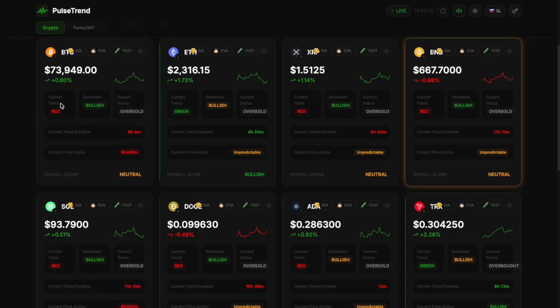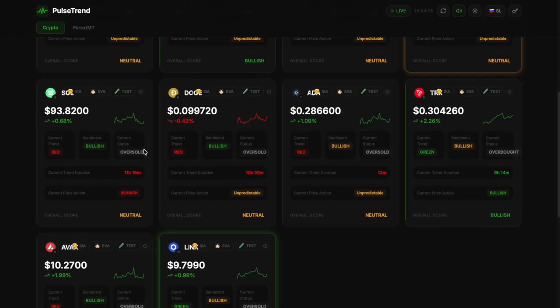In short, this is your current trend, the higher time frame, the current status on the 5 minute, if it's oversold or overbought, how long this trend has been going on, and the current price action on the 1 minute, right? So the 1 minute is telling you the current price action, to give you a basic stance on how the market is looking.